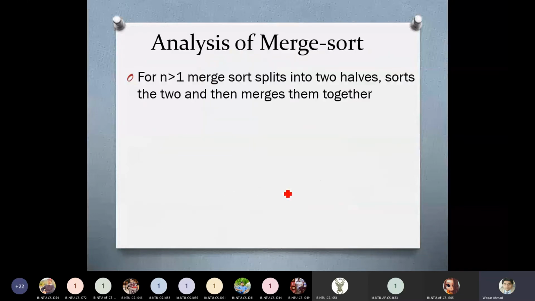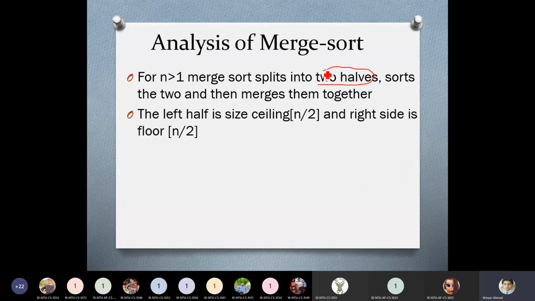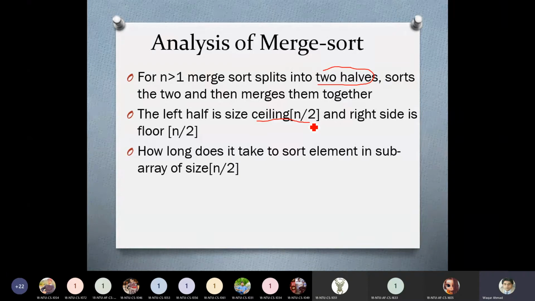Now, if the size n is greater than 1, merge sort will split the array into two halves, and call merge sort with the first half using the ceiling round-off, and then call merge sort with the other half using the floor round-off.